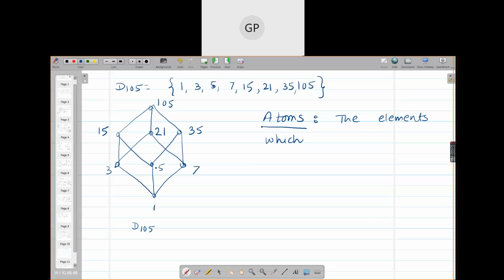Where is my cursor gone? Yeah. So I hope you have understood the Hasse diagram.